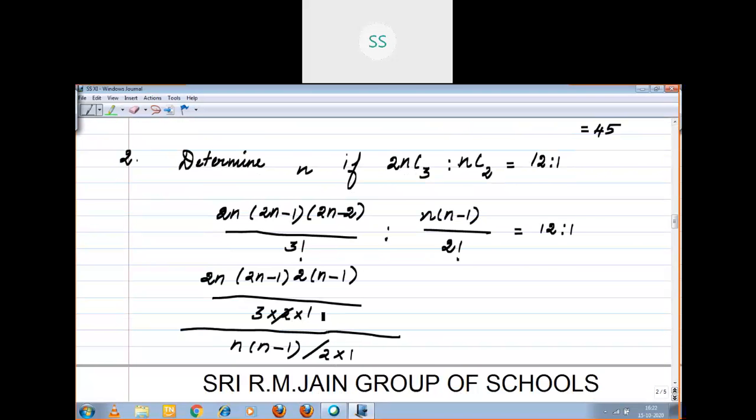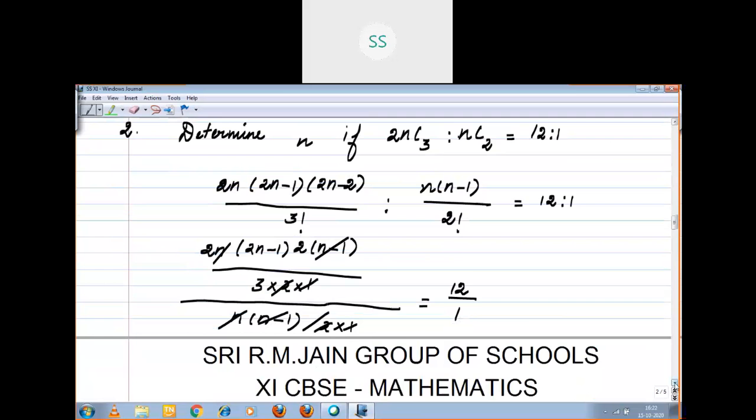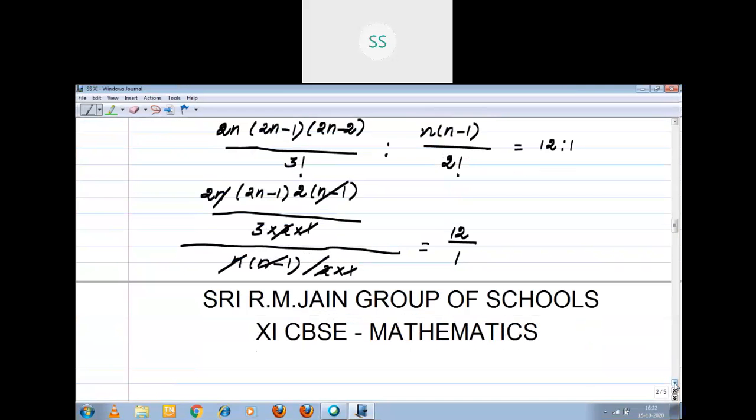See here, 2 into 1 cancels, n minus 1 cancels, n cancels, which is equal to 12 divided by 1. Now, what are the things that rest in the numerator? 2 2s are 4 into 2n minus 1 divided by 3 equal to 12 by 1.